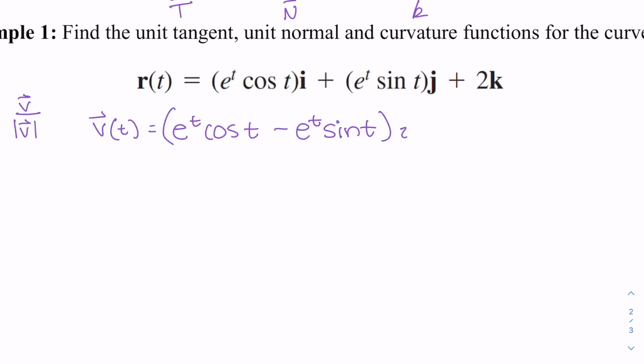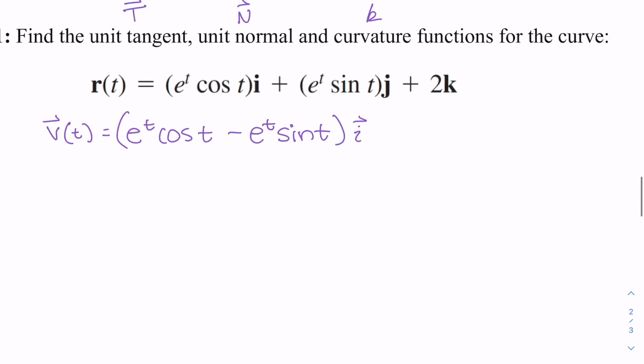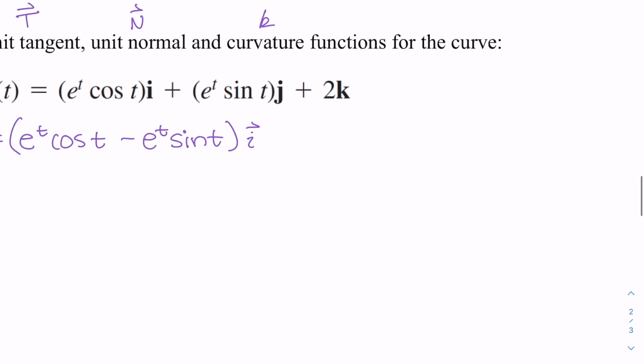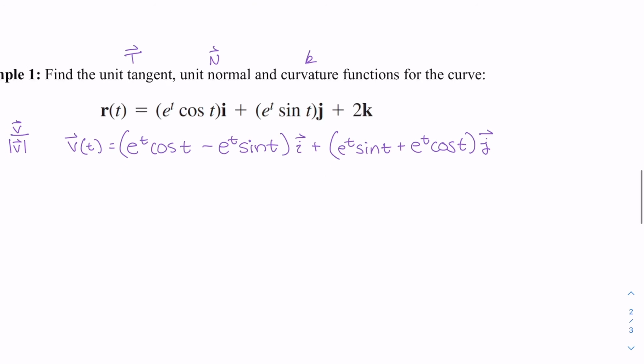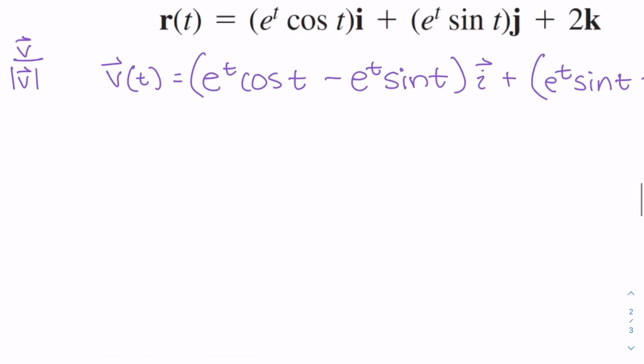There I used the product rule, plus, and I'll do the same rule here, e to the t sine t plus e to the t cosine t in the j direction, and then the derivative of 2 is 0, so we have no k component in this case. Now let's get the magnitude of it.